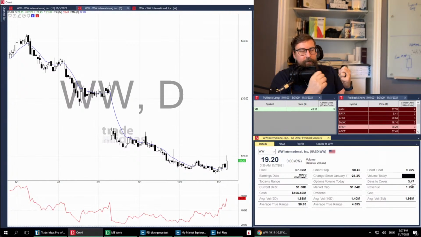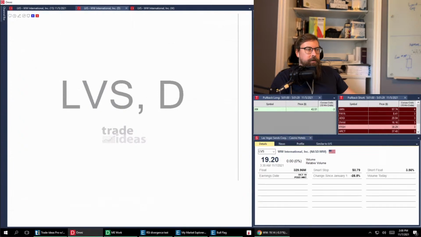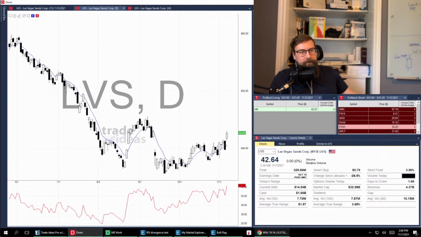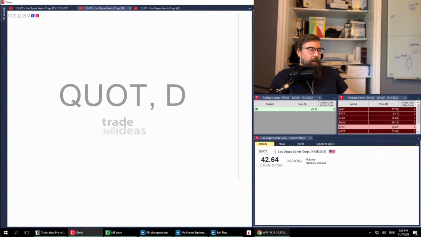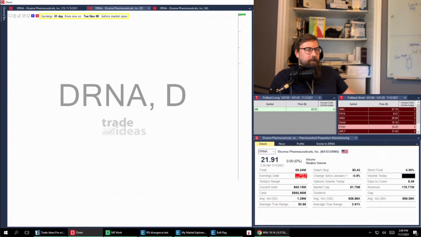That means that if something happens and the stock moves up violently, it would take 3 days of buying for those shorts to get out of their short position. It's another interesting way to look at it on top of percentage. Not that that's an insanely high number or anything, but it's something that's interesting.